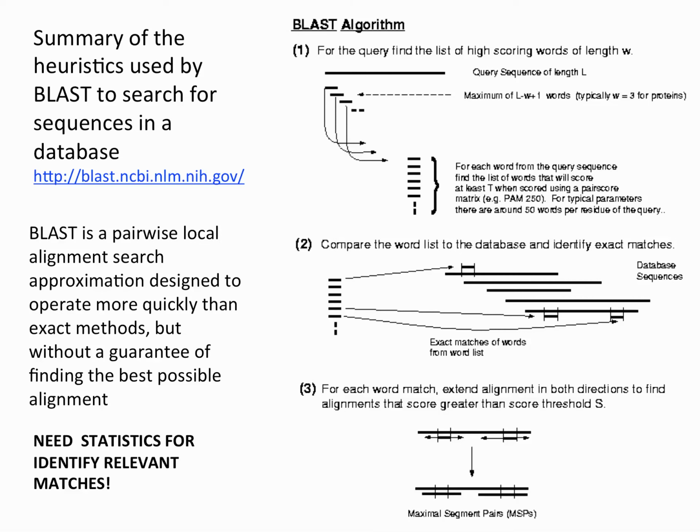Here we have a summary of the BLAST heuristics. This process is very fast, but you can miss solutions in the seeding steps and in the selection of sequences to be compared.